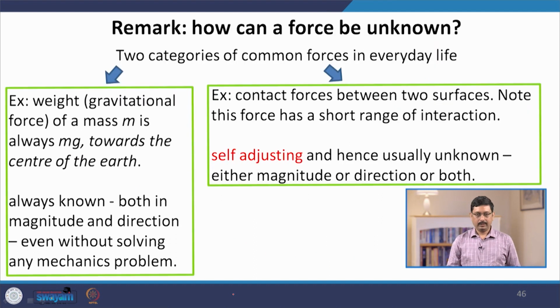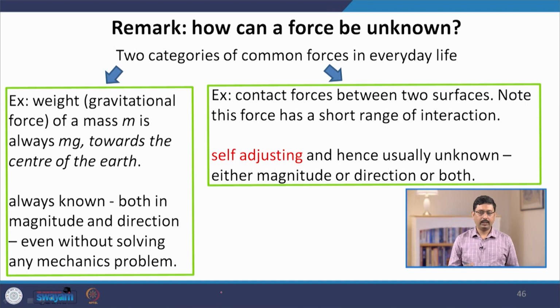Now, here is a side remark: how can a force be unknown? I want to draw your attention to two categories of common forces that you encounter in everyday life. The first category, with a typical example, is the weight, the gravitational force due to the earth.